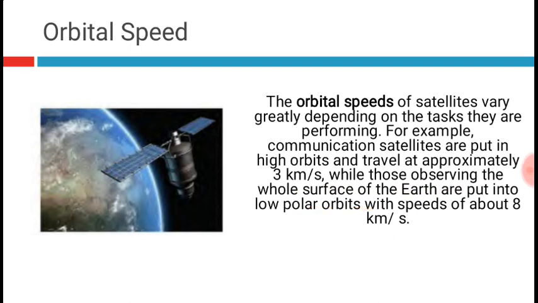So those at lower levels revolve at 8 km per second, whereas those in high orbits revolve at 3 km per second. That means satellites in lower orbits travel much faster than satellites in higher orbits.